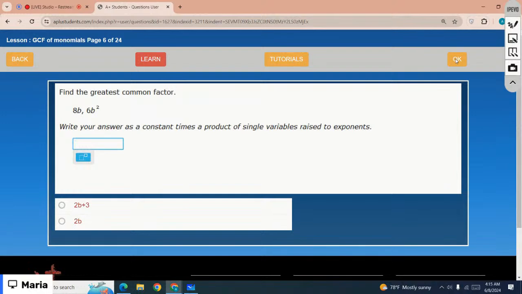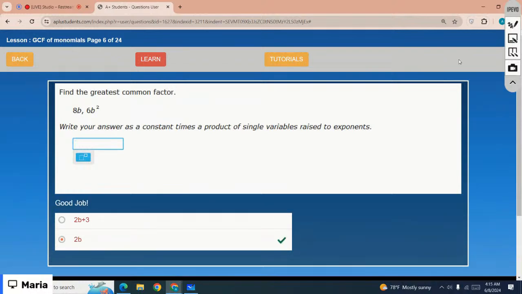The correct option is 2b, right? The greatest common factor of 8b and 6b square is 2b. Got it?